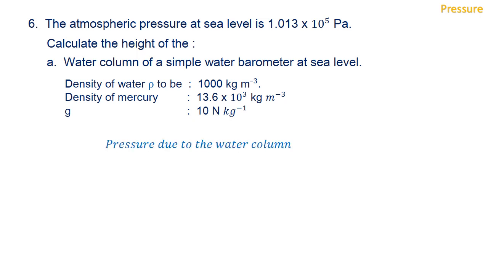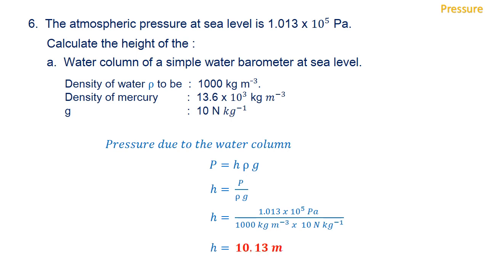Pressure due to the water column: P equals h rho g. h equals 10.13 meter.